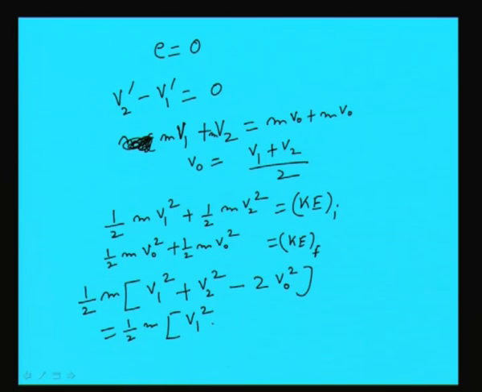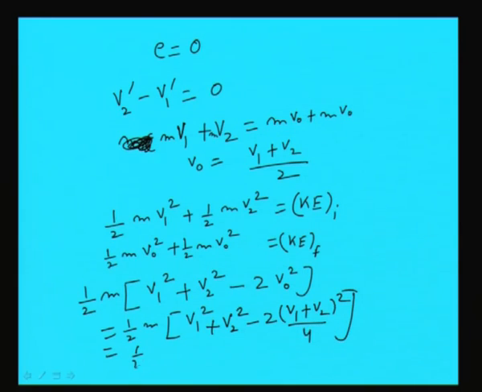So half m will remain common and this will become V1 square plus V2 square minus twice (V1 plus V2) whole square by 4.